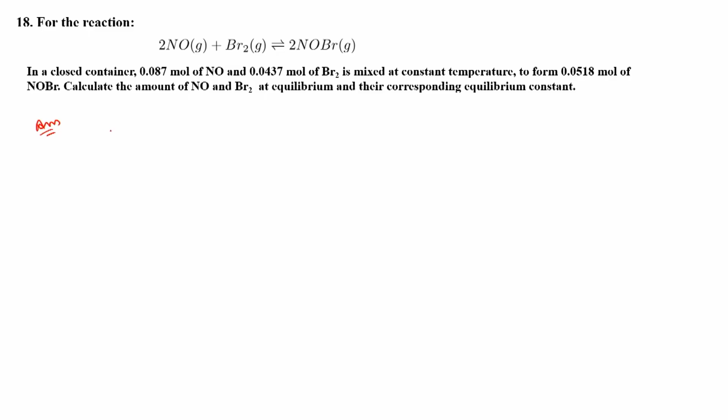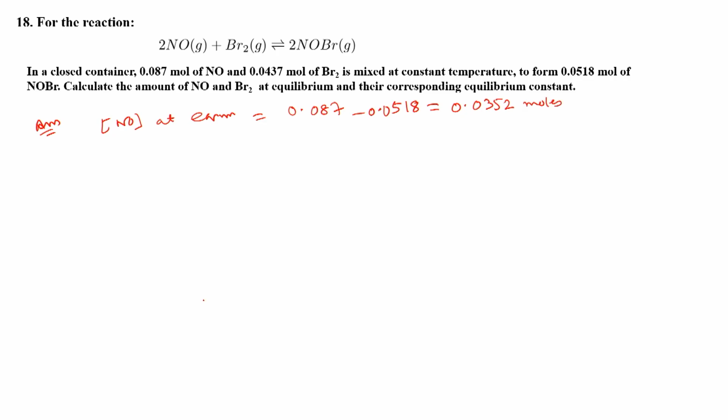So, concentration of NO at equilibrium is 0.087 minus 0.0518. Okay, 0.0518. So, you get 0.0352 moles.